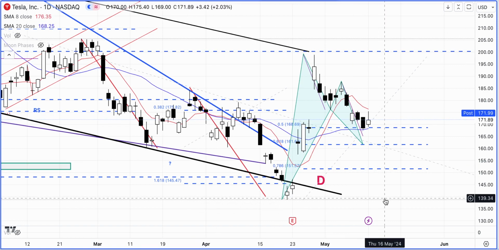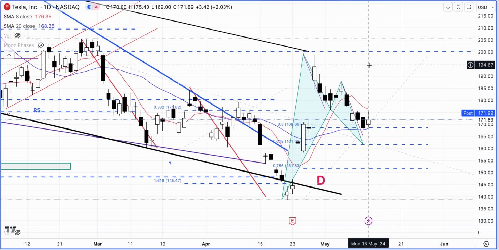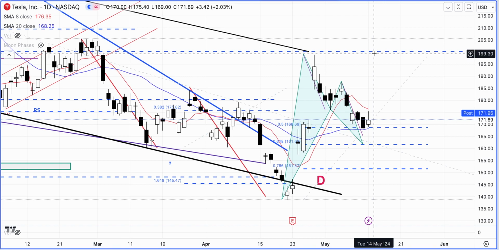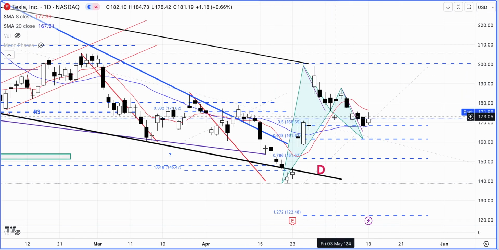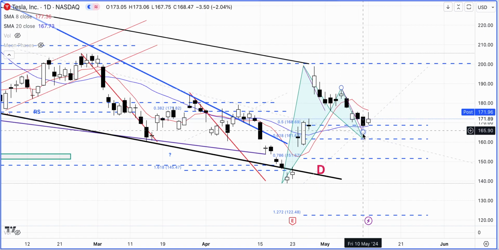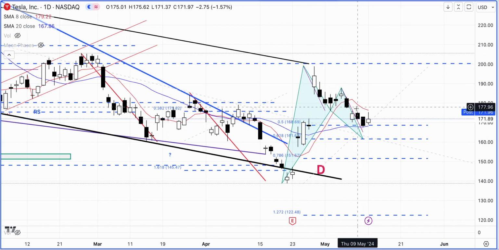And one of the subscribers mentioned that it might take Tesla quite a long time before it's able to break above this. And yes, I agree, that's a possibility. So what we are looking for now is how the stock is trading. It has come and filled this gap, and it has taken quite a while to do that in terms of number of days.